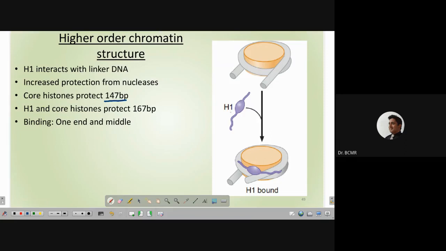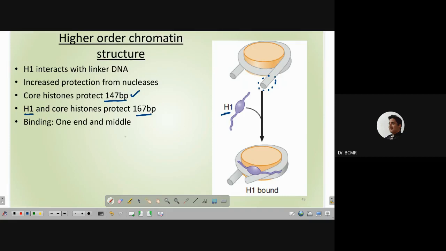The H1 histone binds to the linker DNA, the region outside, and makes a much tighter complex. If H1 is present along with the core histones, about 167 base pairs are protected. If there is no H1, typically you will find only 147 base pairs wound around the nucleosomes.